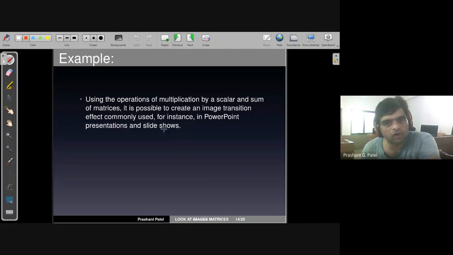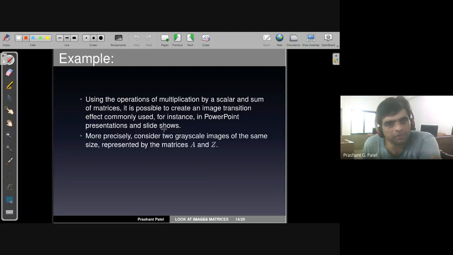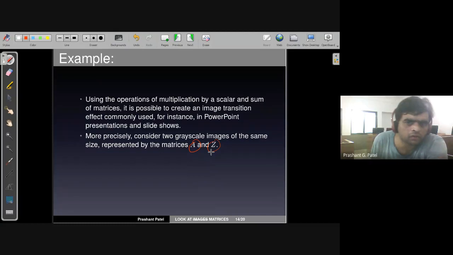So what I am saying is that a linear combination of matrices can make up any image using RGB. More precisely, consider 2 grayscale images. I'm taking A and Z, 2 images, and we'll do a certain operation on them and find out what output we get.